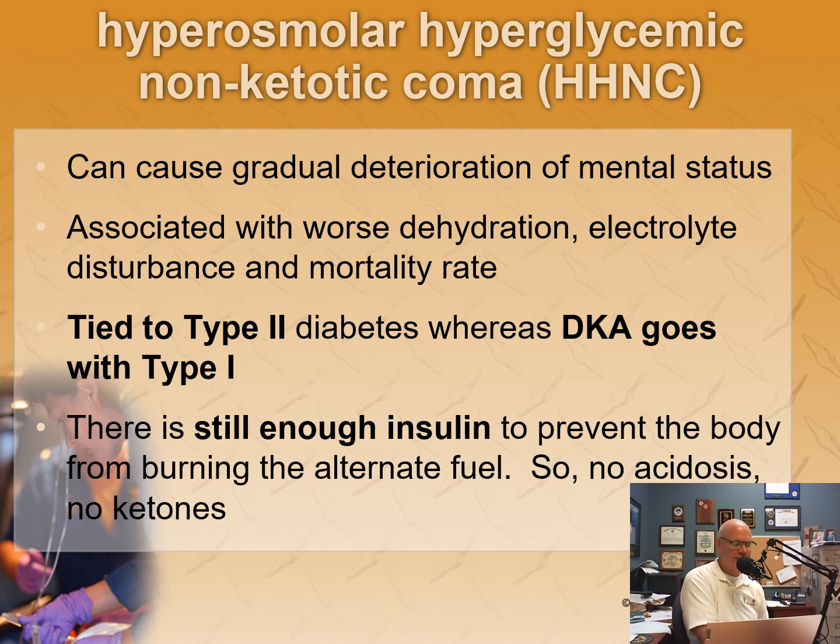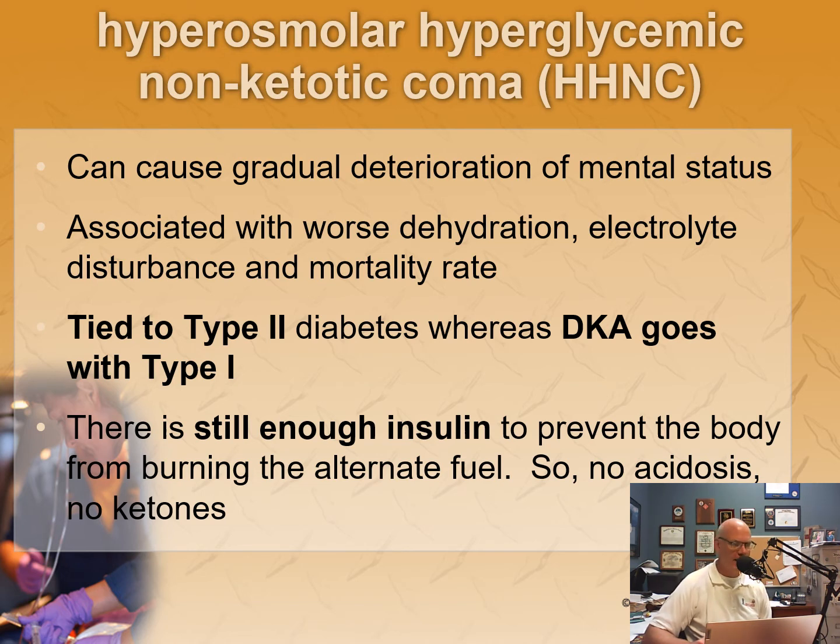So this is a lot like DKA, but this person still has enough insulin because they're type 2 diabetic that they don't have the acidosis. They don't end up burning that alternate source. They still are able to use sugar. So they still have enough insulin, no DKA symptoms like small respirations, no acidosis, but they will get that dehydration.